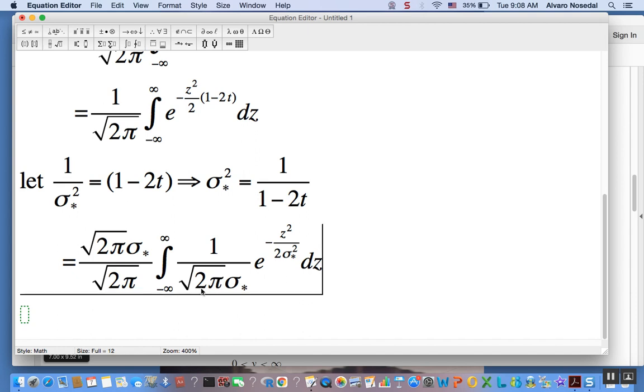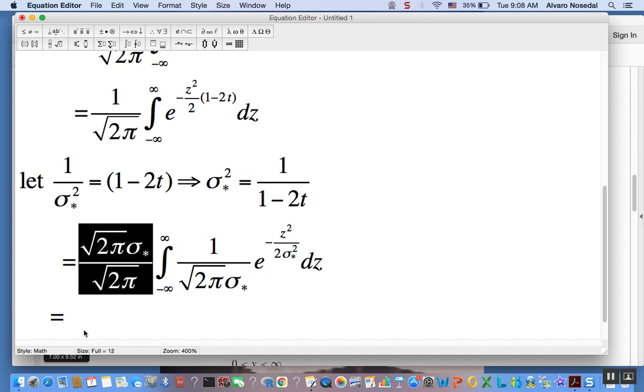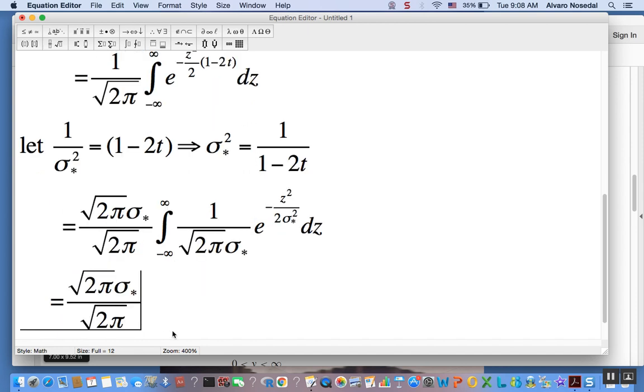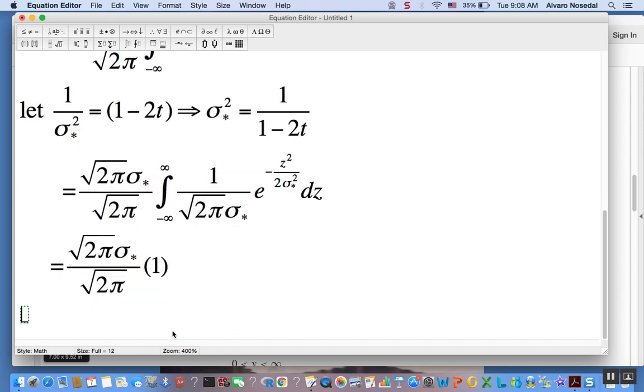So this kind of scary looking integral is just a 1. So we just have this times 1, okay?